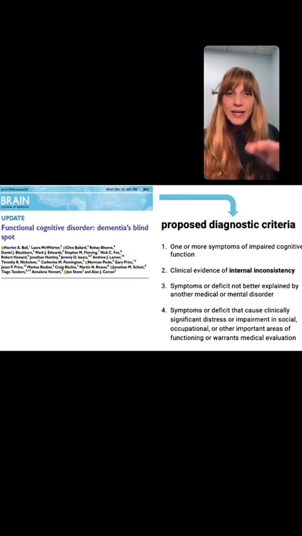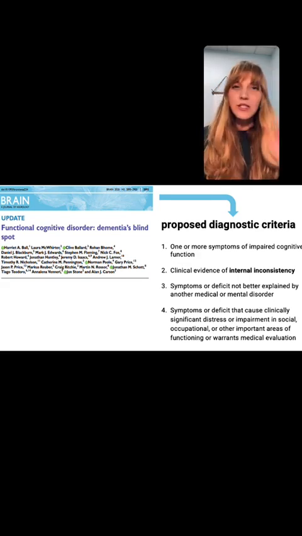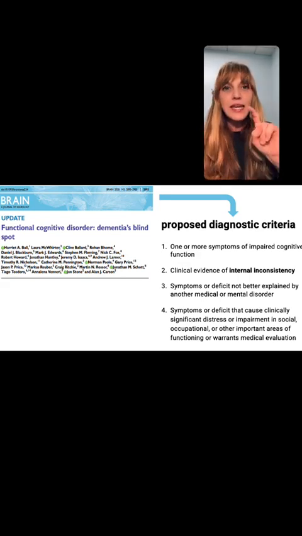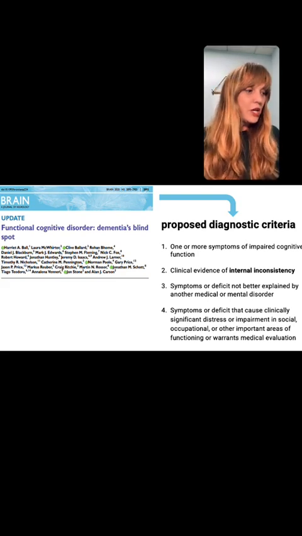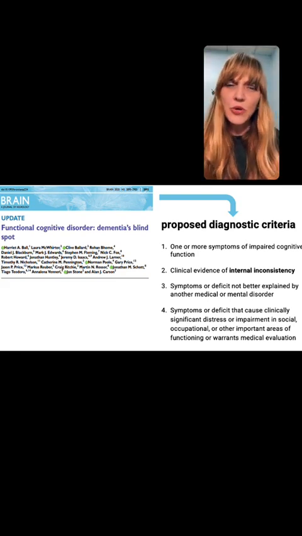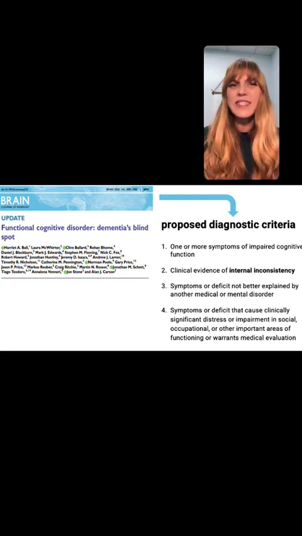By the way, the lack of consistency, I think this is so important. The lack of consistency is not that the person's making up the story. It's not that they are not remembering details correctly and are being inconsistent and they're lying or it's in their head.